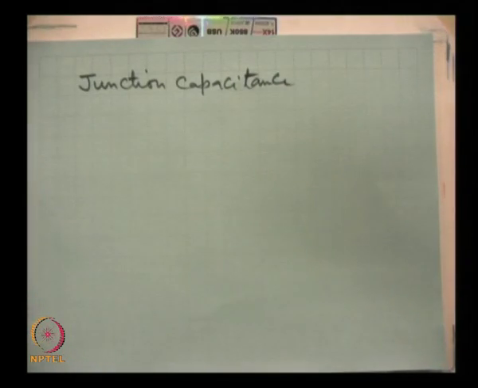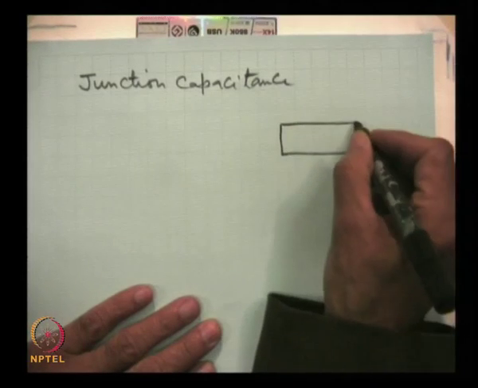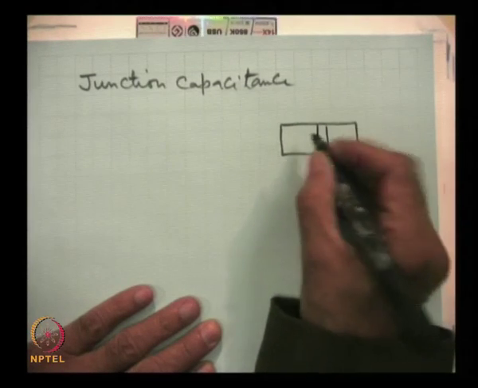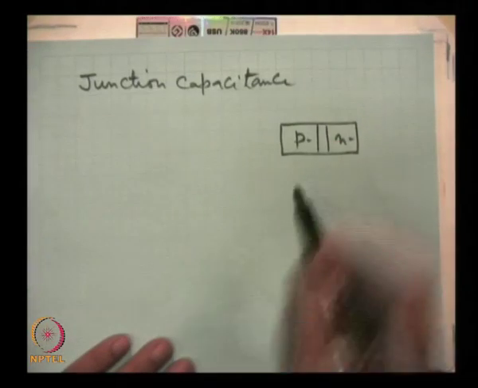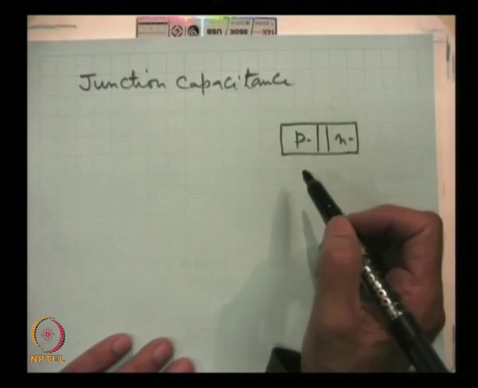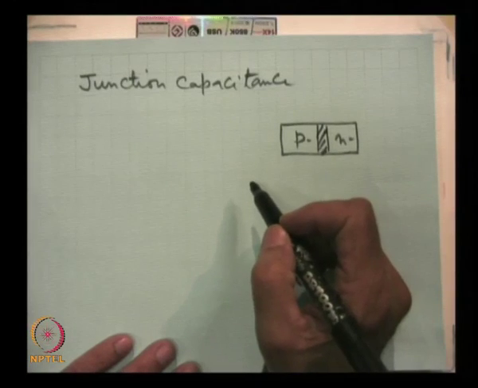Junction capacitance. Here this is the PN device. Now, you will recall that this depletion region is a high resistivity region.